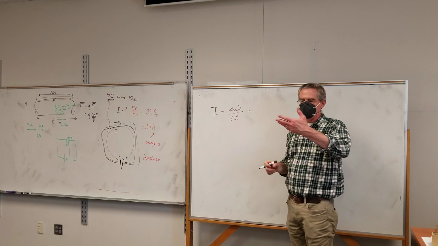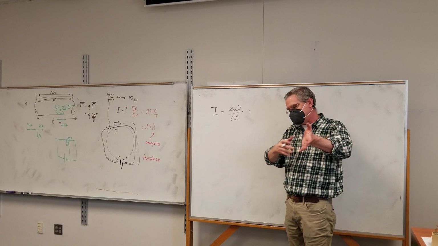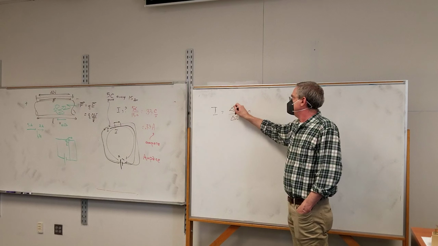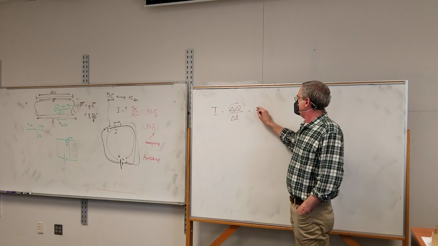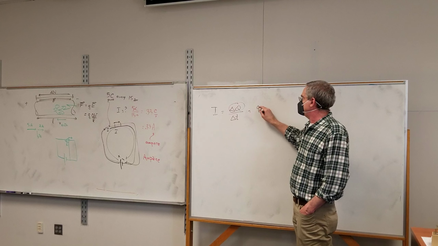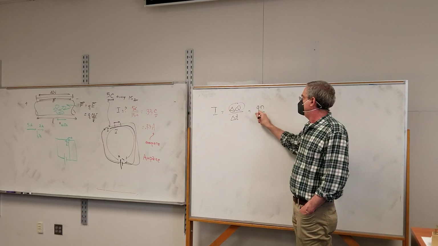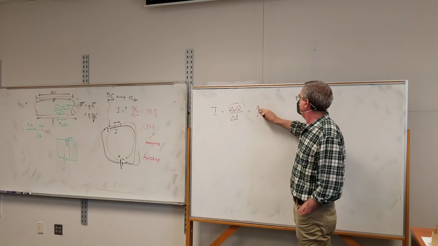If I'm assuming electron flow, or assume that whatever's flowing, there's some average charge. This Q here, that is the charge of one particle times however many particles I have.